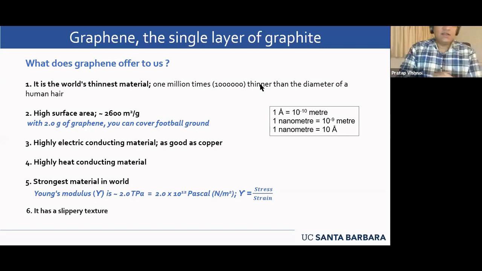Well, moving forward with graphene. Graphene is a wonderful material for supercapacitors.